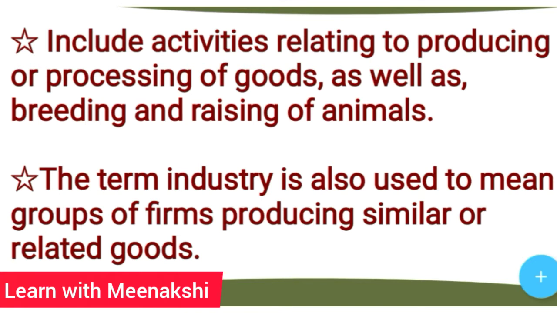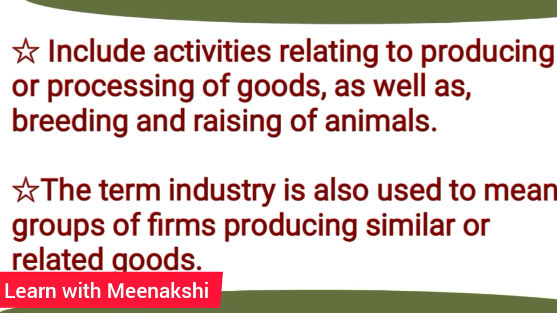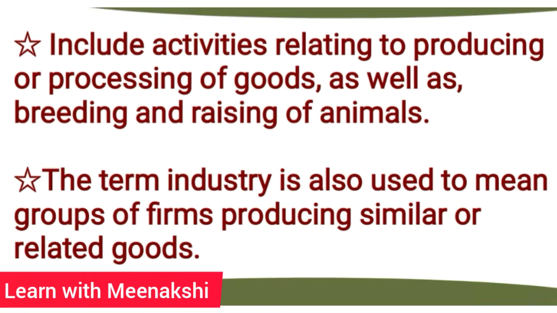It includes activities relating to producing or processing of goods as well as breeding and raising of animals. Industry does the activities relating to producing or processing of goods. They do not get involved in selling activity. They do only the production side.